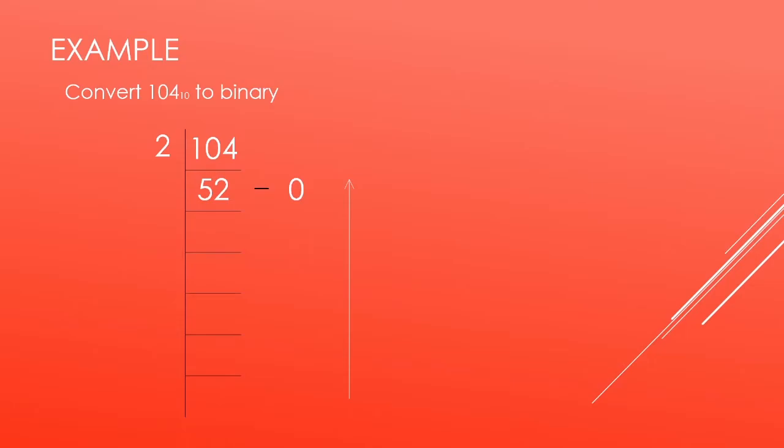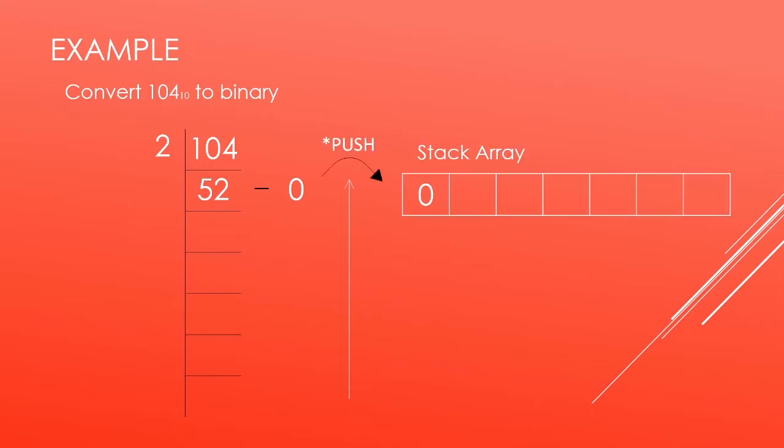The remainder will be pushed into the stack array, and after that it will repeat the process. So 52 will be divided by 2 and we get another answer, and the remainder will be pushed to the stack array.